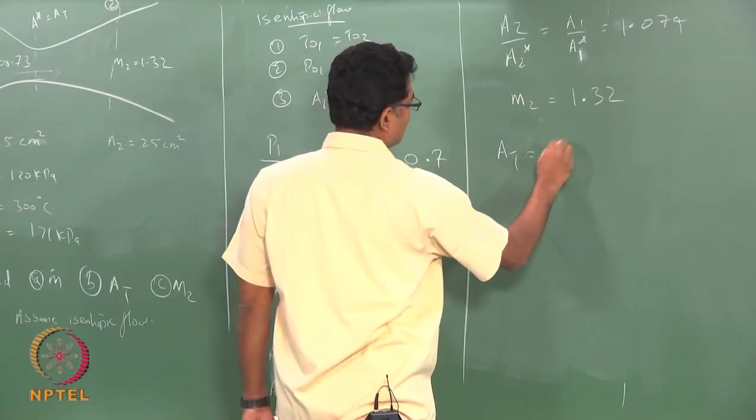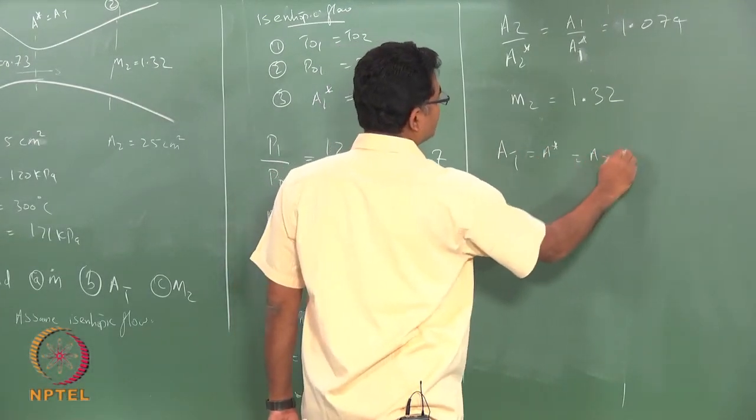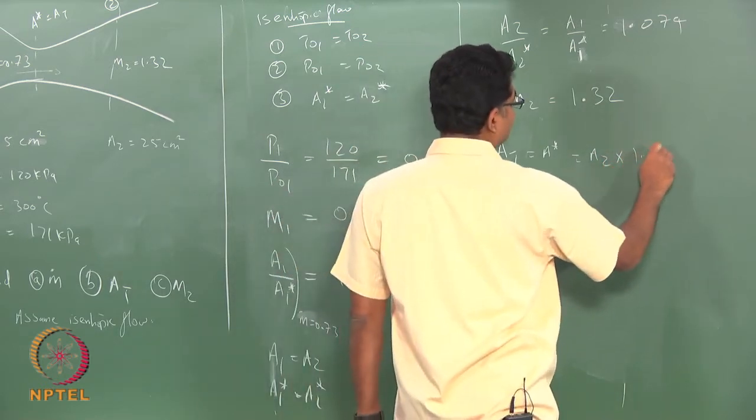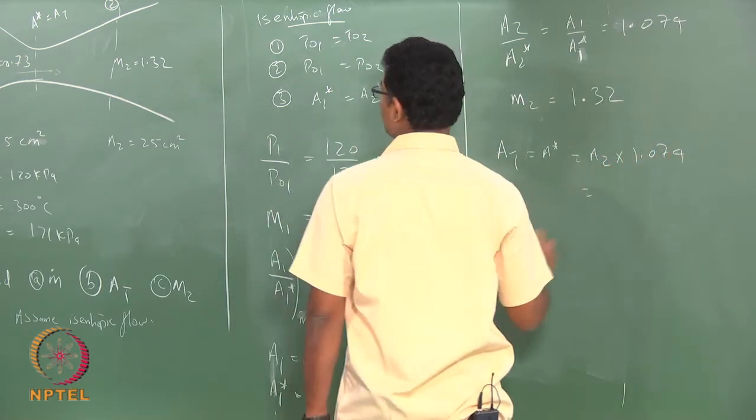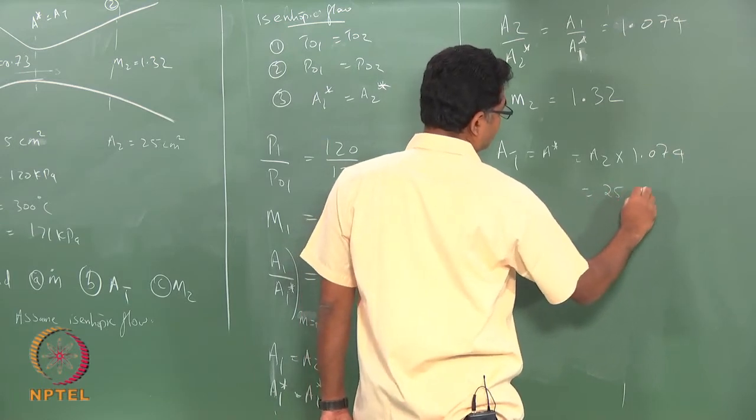So, your throat value, A throat, which is A star, is A2 by 1.074, where A2 is 25 centimeter square.